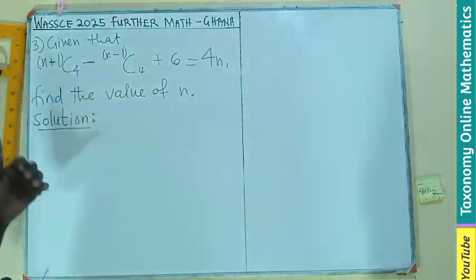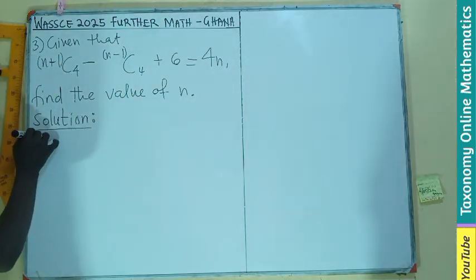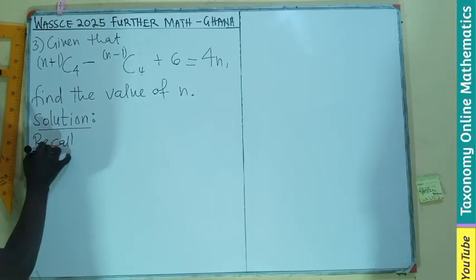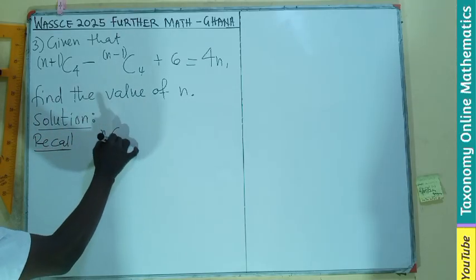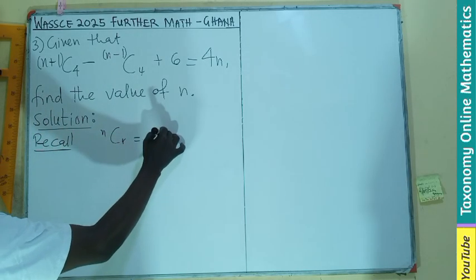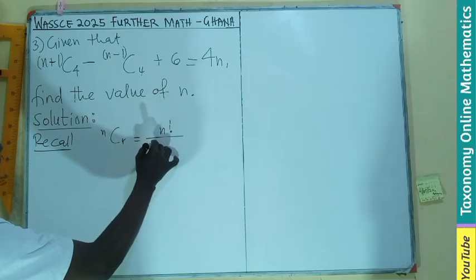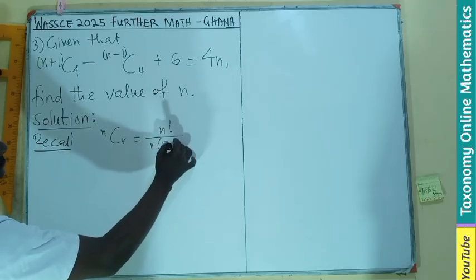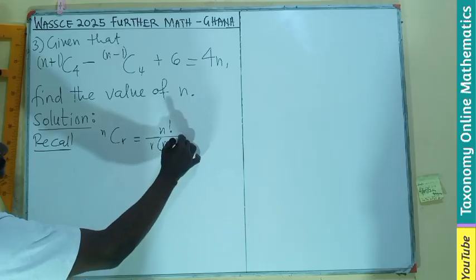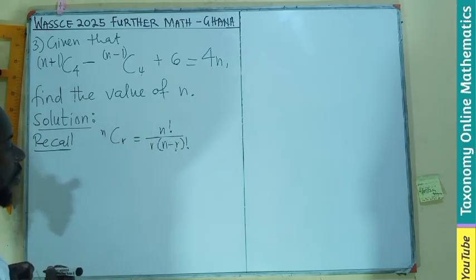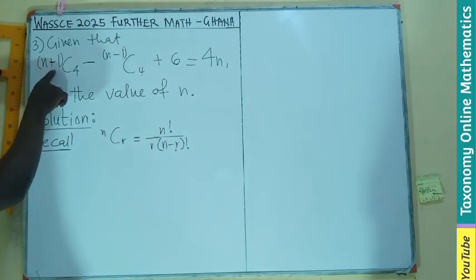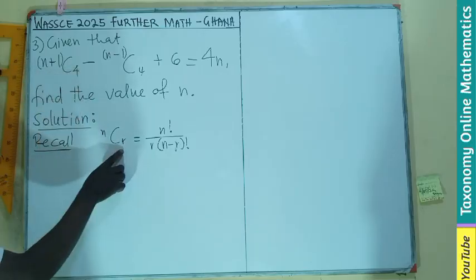So let's see. By recall, we know that n combination r is n factorial over (n minus r) factorial times r factorial. That is the concept we are going to use. Here the n is this and the 4 is the r.